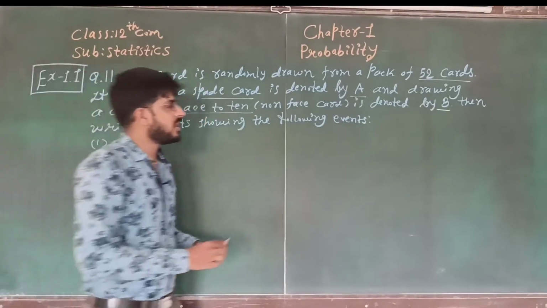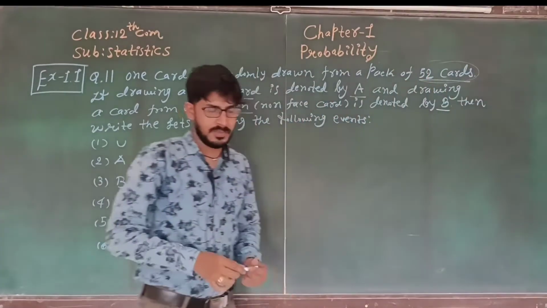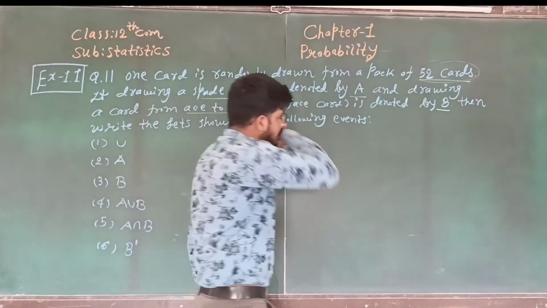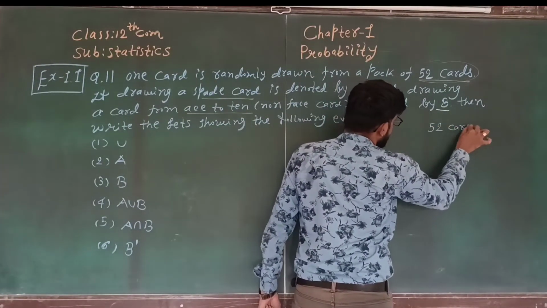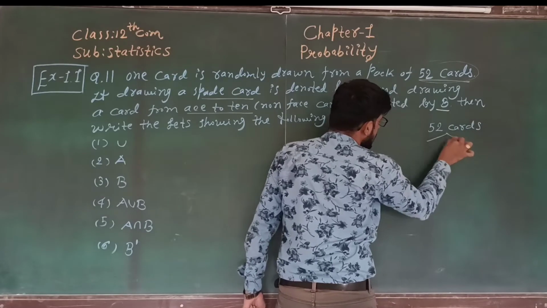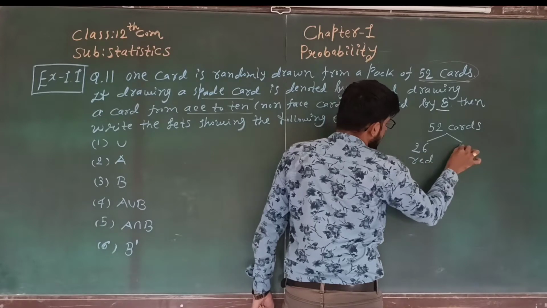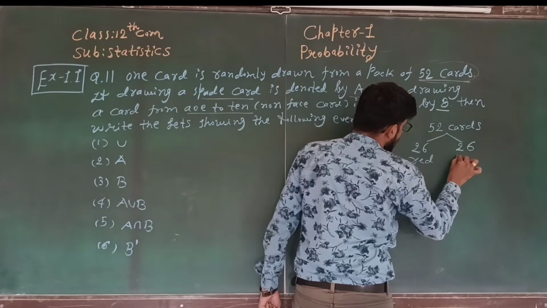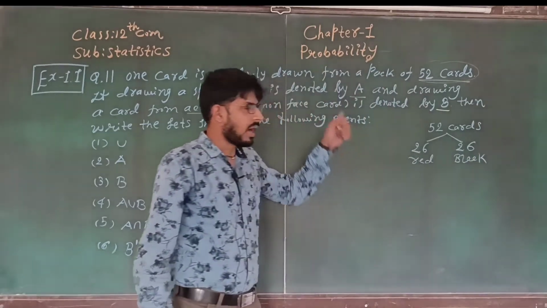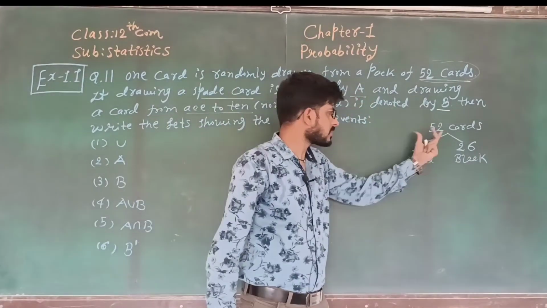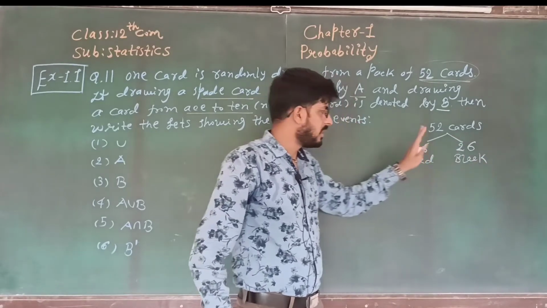First we are going to discuss cards. Out of 52 cards, 26 are red color and 26 are black color.